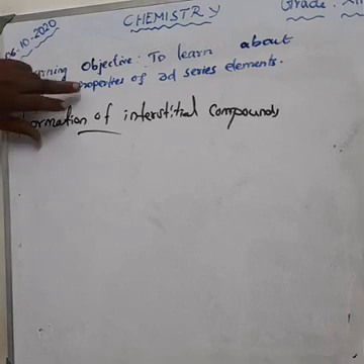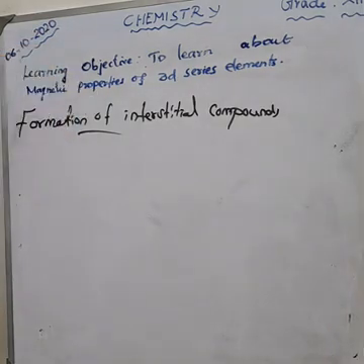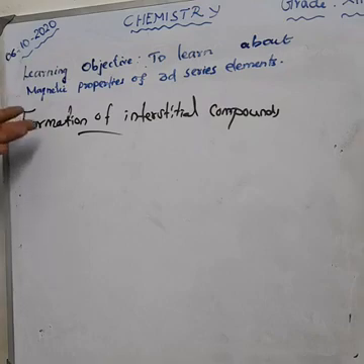The interstitial compounds are alloys. They are compounds formed when small atoms like hydrogen, boron, carbon or nitrogen are trapped in the interstitial holes in a metal lattice. They are usually non-stoichiometric compounds. Already I told you about non-stoichiometric compounds.